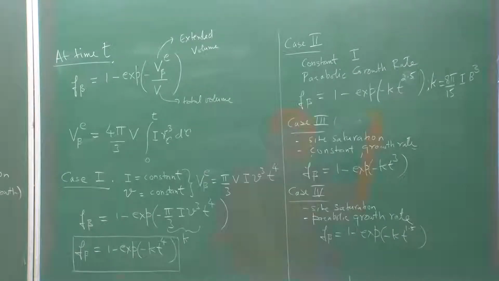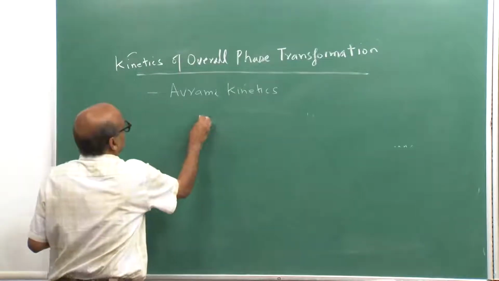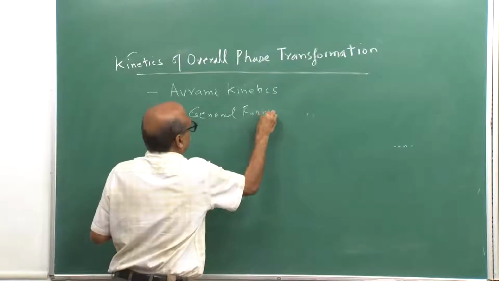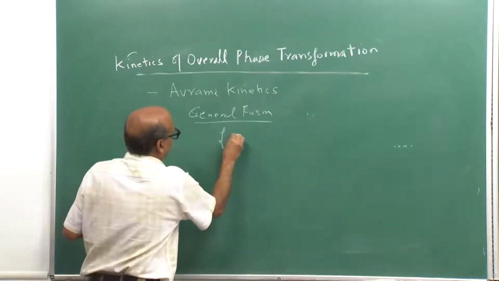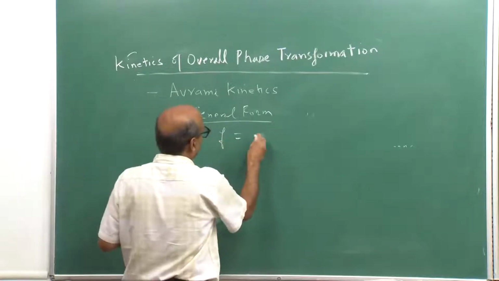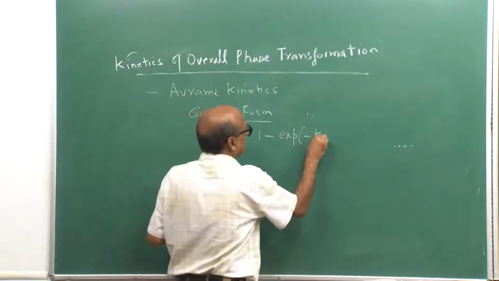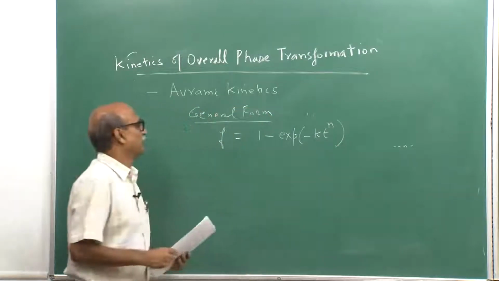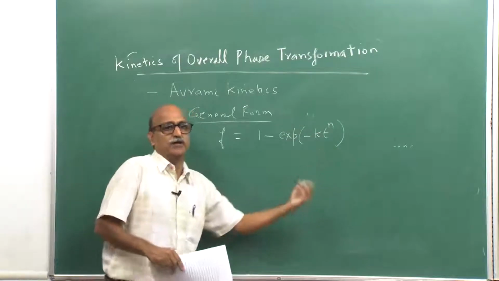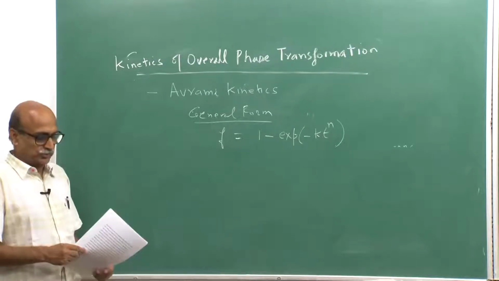And the general form of the Avrami kinetics is written very simply as f, the fraction transformed from the parent to the product phase, f is equal to 1 minus exponential minus k t to power n, where n and k are some constants which are governed by what kind of mechanisms are involved in nucleation and growth.